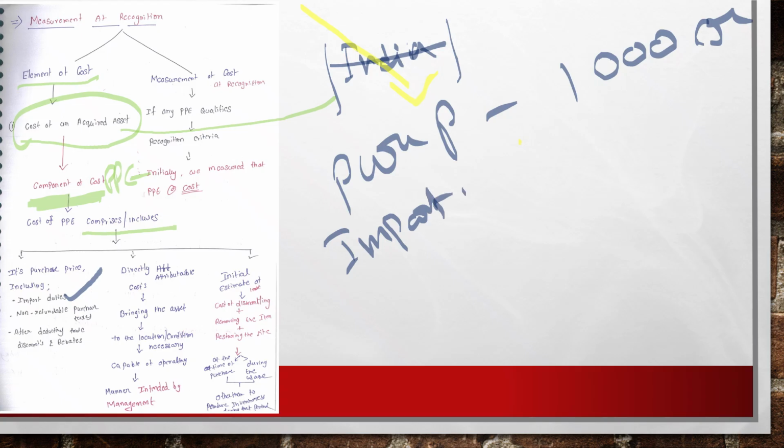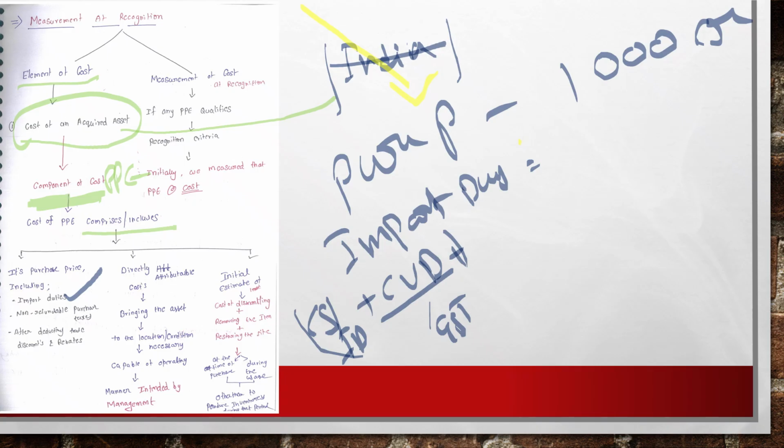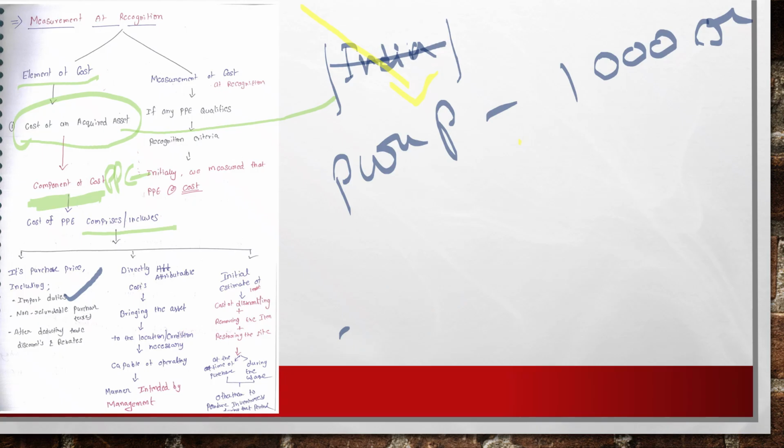In that import duty there are components also. There is some countervailing duty, and there is direct customs duty or import duty. Countervailing duty sometimes includes GST also. If this GST is refundable, or a rebate is available for this GST, you cannot include it as a cost, because you will get the refund.